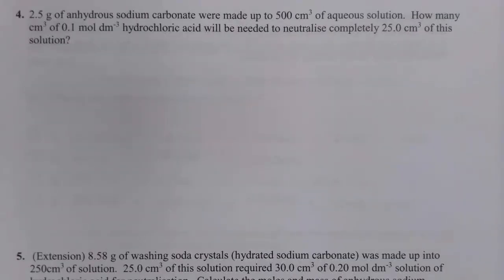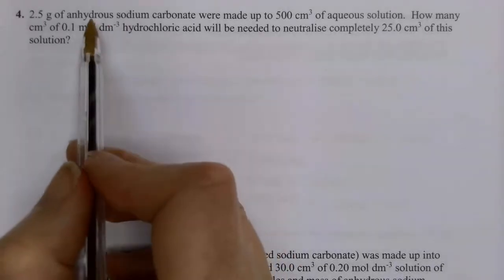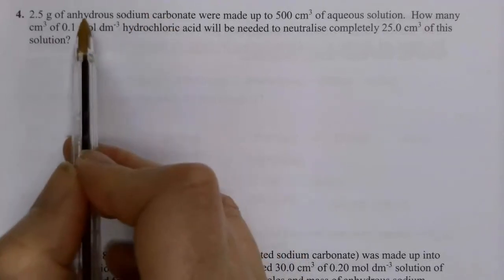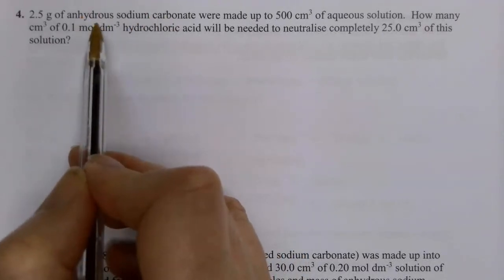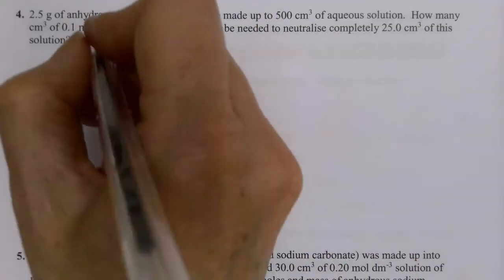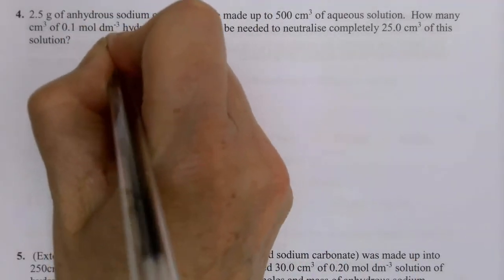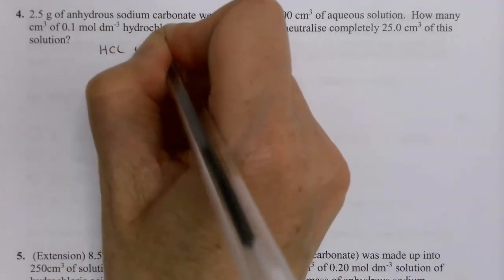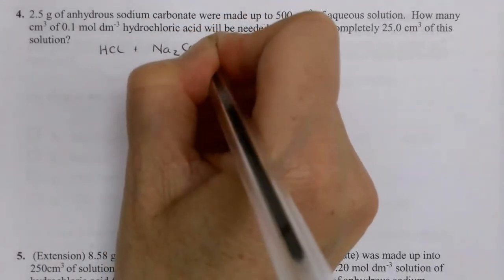And we're on the top of the next page, and it's again a very similar calculation, but this time we just need to be careful of the dilution effect. So again, we've got sodium carbonate. This is anhydrous, so it's got no waters of crystallization, and it's reacting with hydrochloric acid. So again, I need to do my equation, HCl plus Na2CO3.